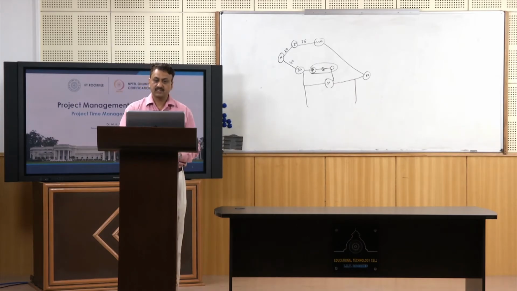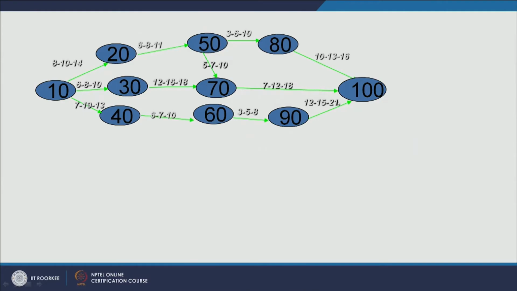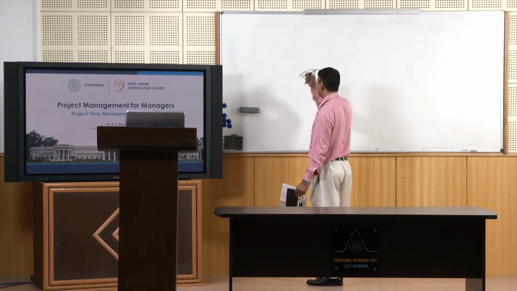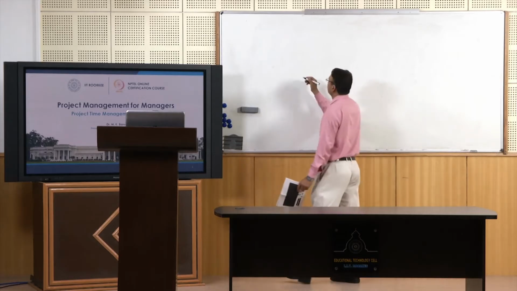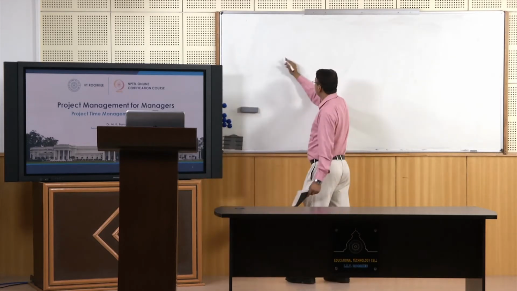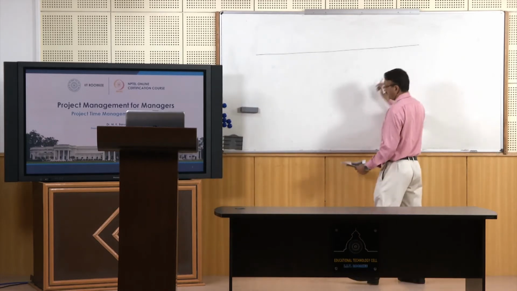So this is a PERT network and we will find out the critical path for this particular network. So let me draw this network. So, you have got a PERT network. Since I need to prepare a table over here, I will draw this network like this.